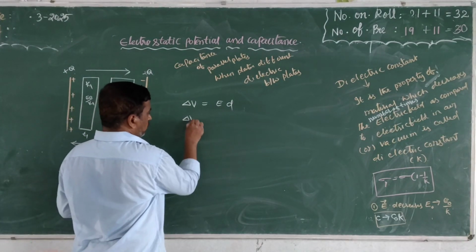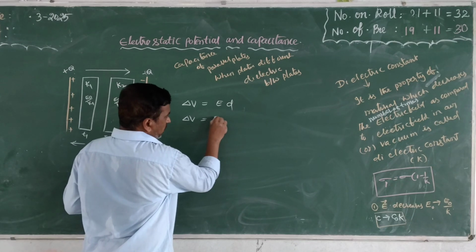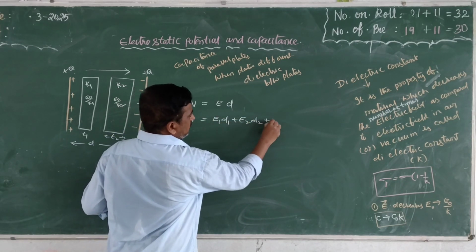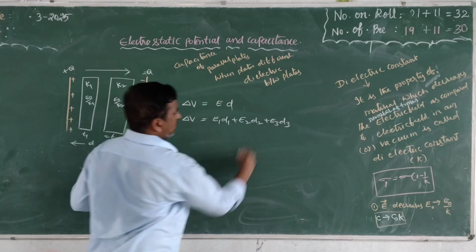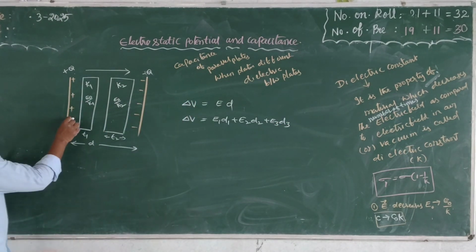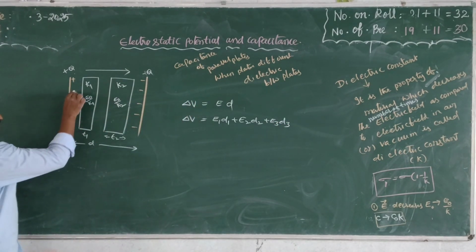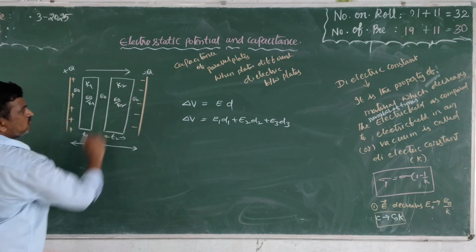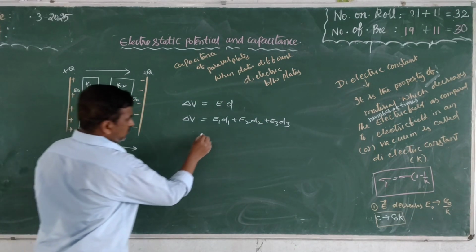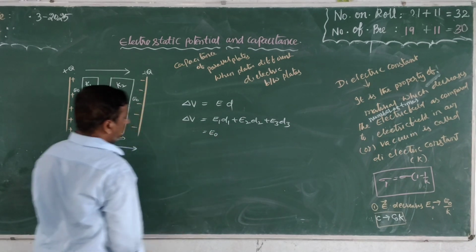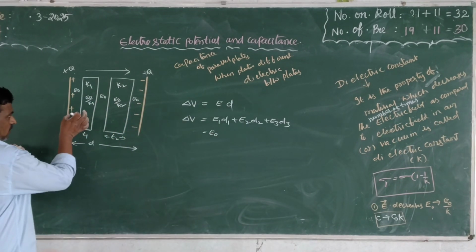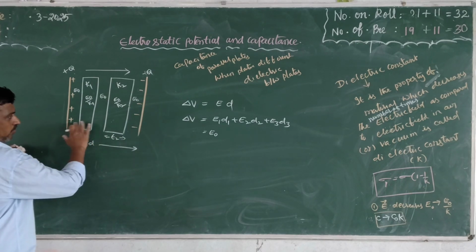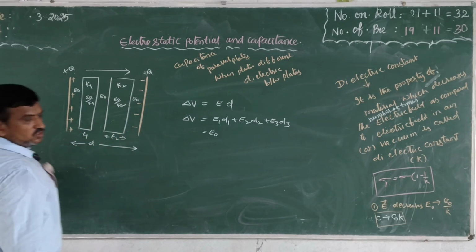Here delta v equal to E1 d1 plus E2 d2 plus E3 d3 we can write. E1 means E naught, with the thickness being t1, t2. So the remaining is d minus t1 minus t2.